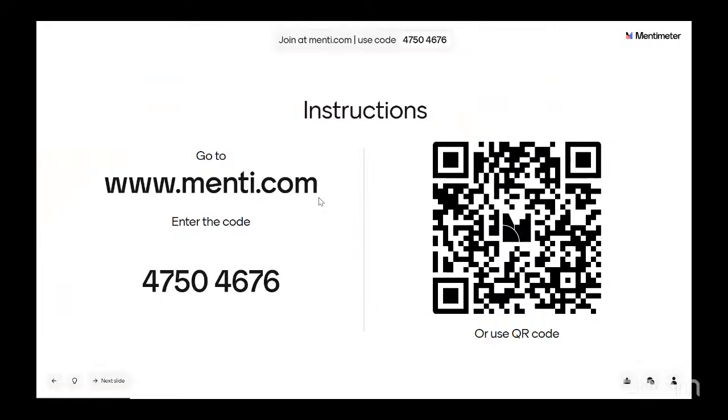Yeah, please log into the Menti account with this code.